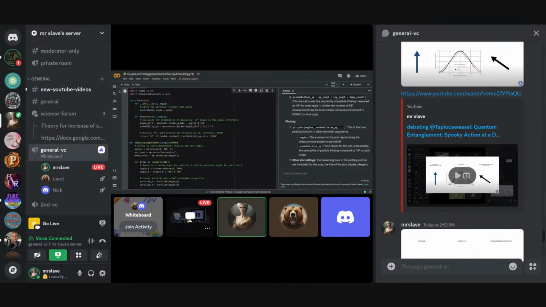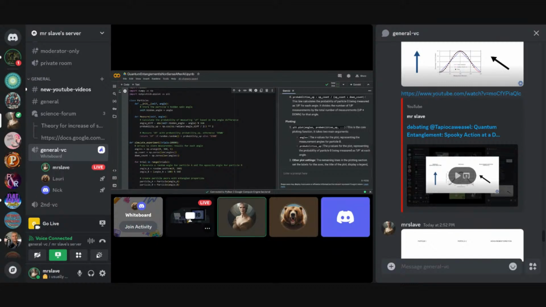So particle A, the way we run this experiment, I'm following the protocol as per Dr. Don Lincoln. We take a parent particle and we let it decay into two daughter particles. The parent has zero spin. The daughter particles have opposite spins because of conservation of angular momentum.